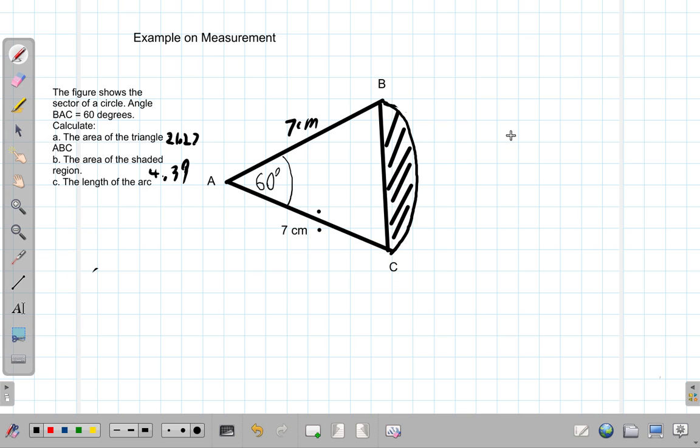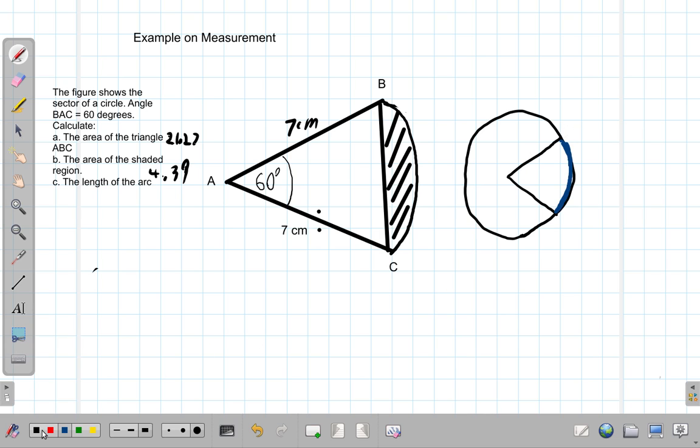If we again consider that we have a whole circle, the arc that we're talking about would be this curved part here. The question is, what length is that?